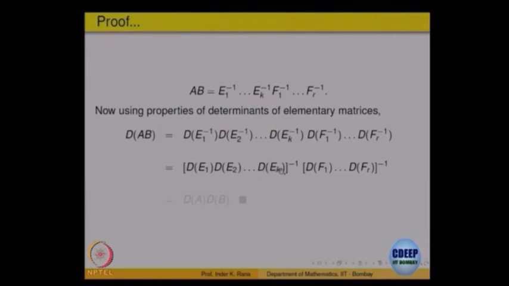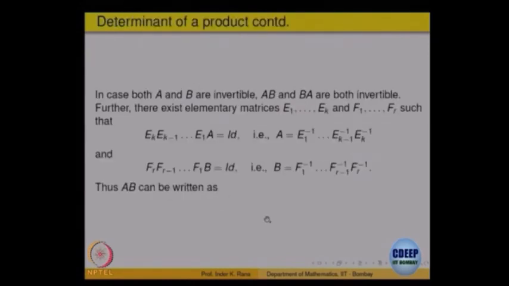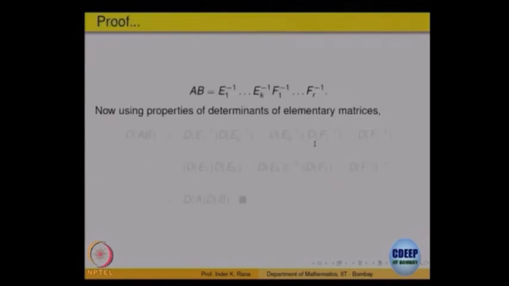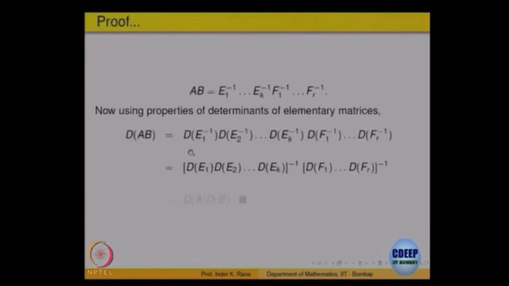The product of E1, E2, up to Ek was A. Let me just go back. What was A equal to? Equal to this. So, the determinant of the first part is the determinant of A, and the next thing is the determinant of B.